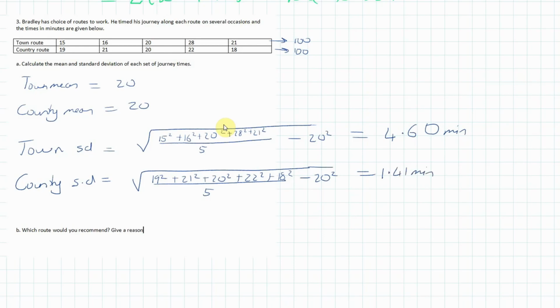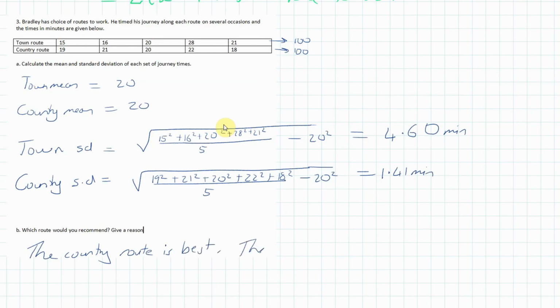Okay, so this data is less spread out, the country data. Now, which route would we recommend? The country route is best. Now, why is that?